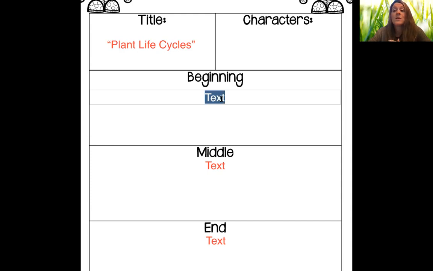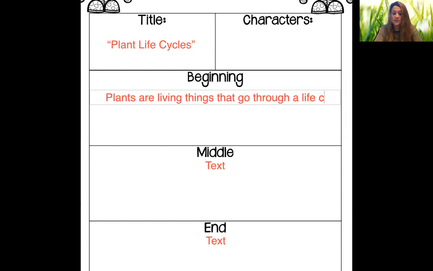They go through life cycles. Good. And it says that a plant is a living thing and it goes through a life cycle. So that's all that we're going to write, guys. We don't need to make this any harder than it is. We'll say plants are living things that go through a life cycle.